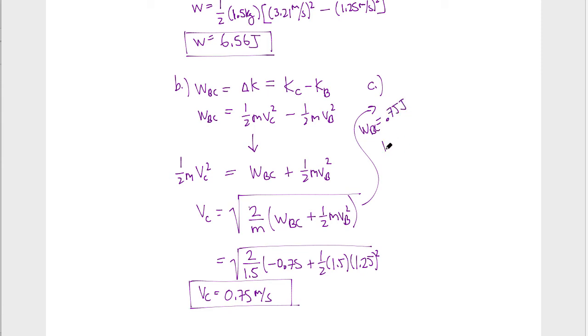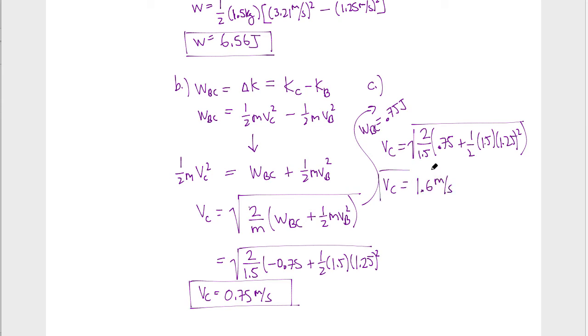So that will give me, if I substitute all of this in, Vc is equal to 2 over 1.5 times positive 0.75 plus 1/2 times 1.5 times the square of 1.25, all in a square root. And so we go ahead and calculate this, and I get a velocity of positive 1.6 meters per second.